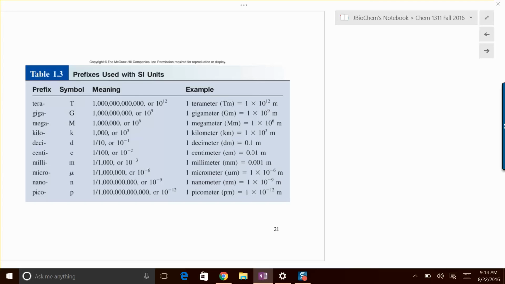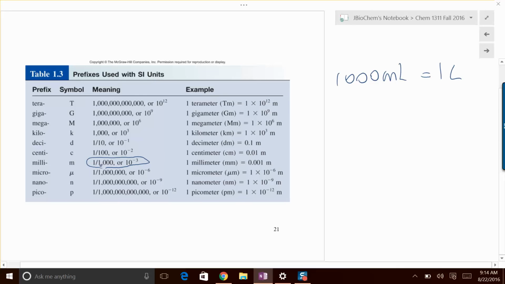You're going to use liter a lot, which is the measure of volume, the liter. And you're going to use milliliters and liters a lot. So a liter, 1,000 milliliters equals 1 liter. Okay? And that is what this is attempting to show you.